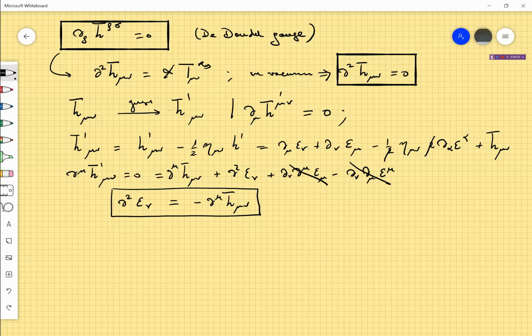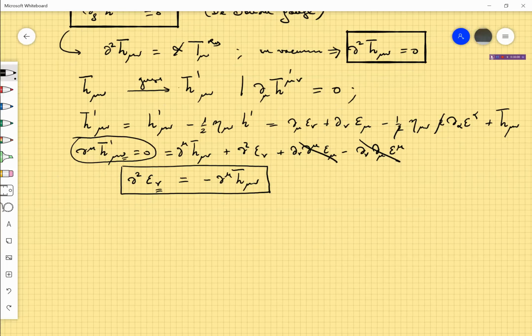We have used 4 gauge transformations. There are 4 different components in 4 dimensions, and we have used this to impose 4 restrictions on h bar, each of them.